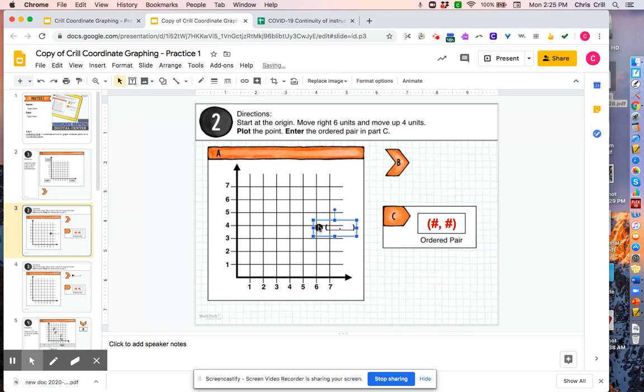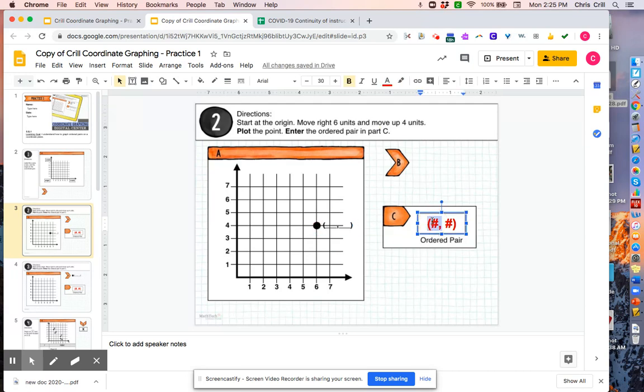And that would put us right here. The ordered pair for this would be, you have to delete that, put the number 6, 4. So just to review, you always put your x coordinate first, your y coordinate second.